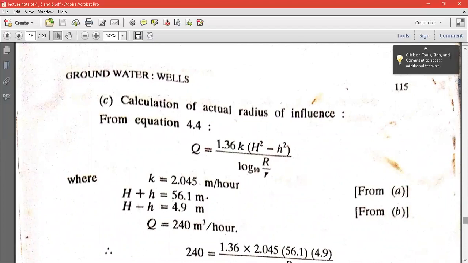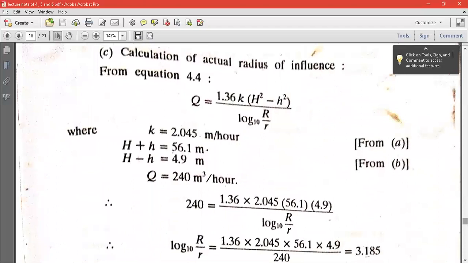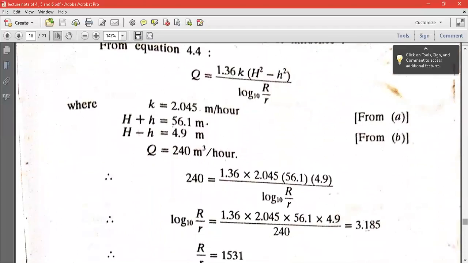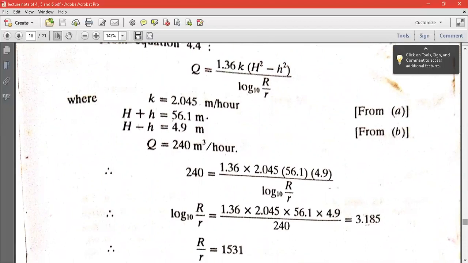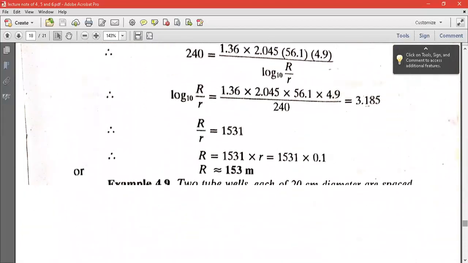K is 49.15, that is the final value corresponding to the observation well. H2 plus H1 and H2 minus H1 you have already found out. So putting the value of Q and the accurate value of K, we can find out the original value of R, that is the actual value of R, which is 153 meter.